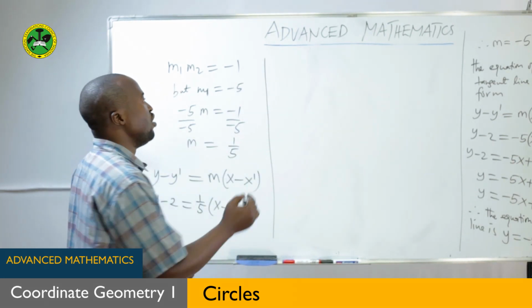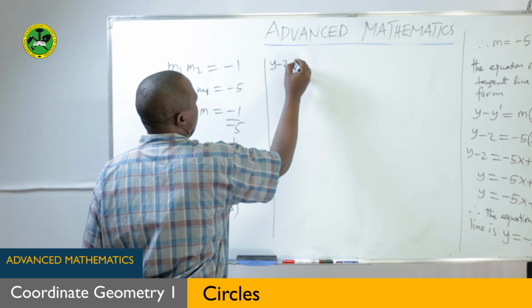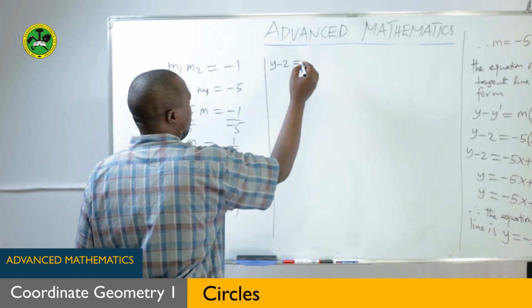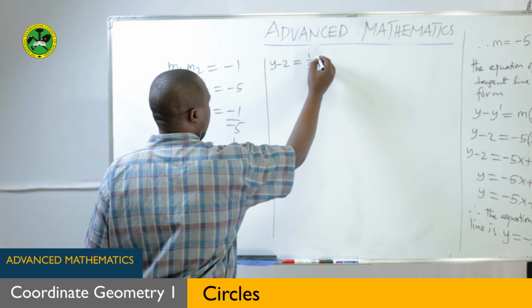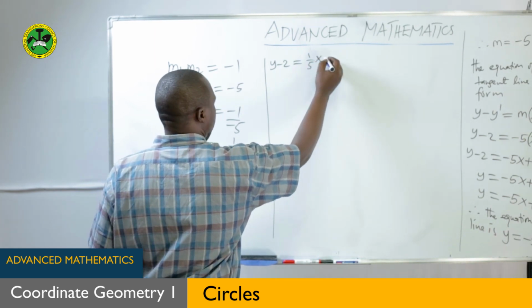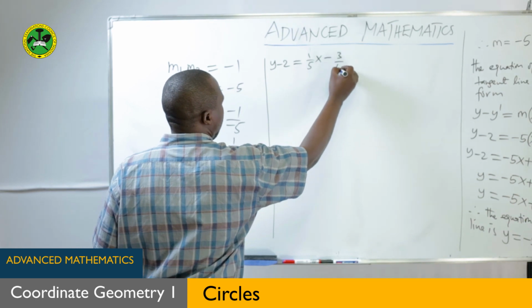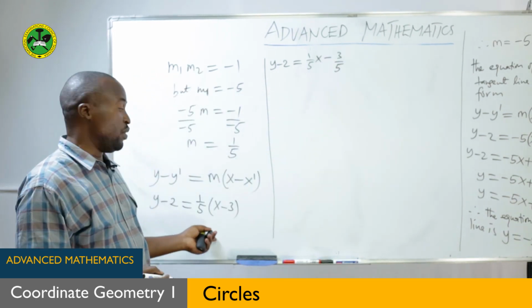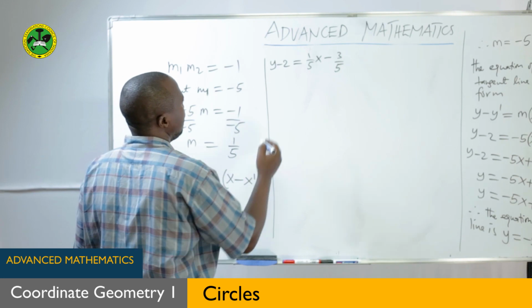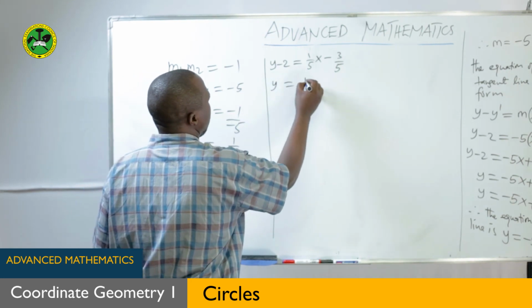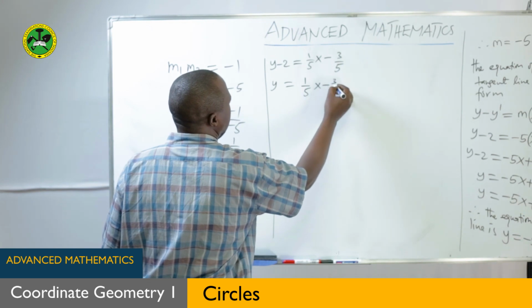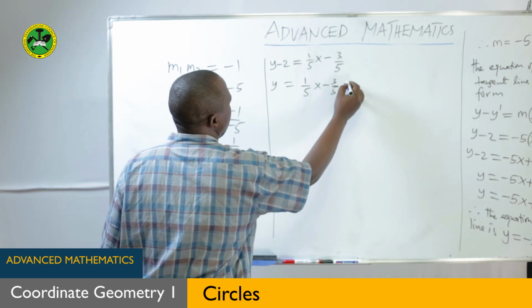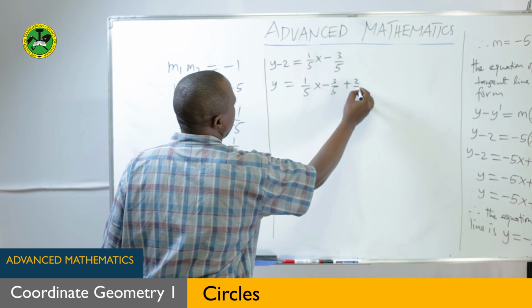So we are going to have y minus 2 is equal to 1 over 5 x minus 3 over 5. Just opening the bracket. So y will be equal to 1 over 5 x minus 3 over 5 plus 2. That is over 1.